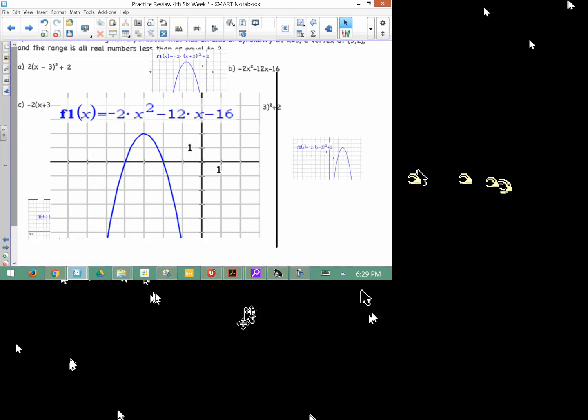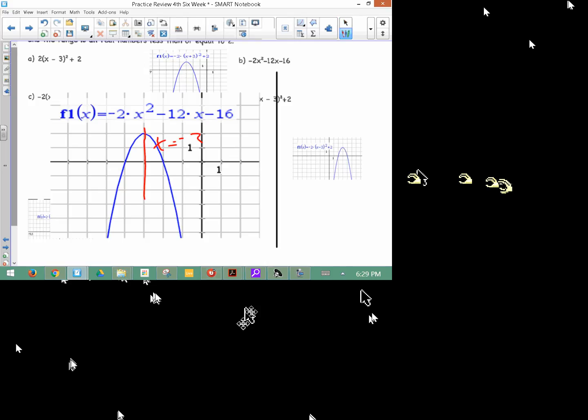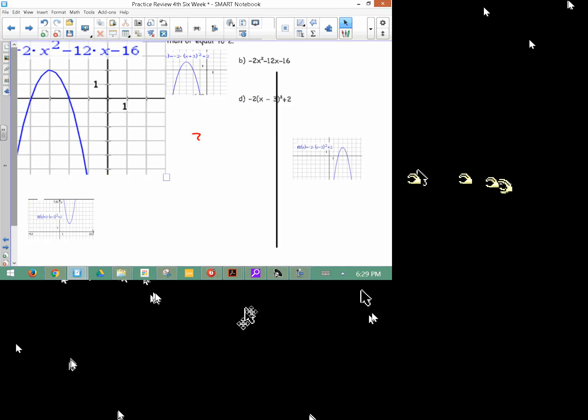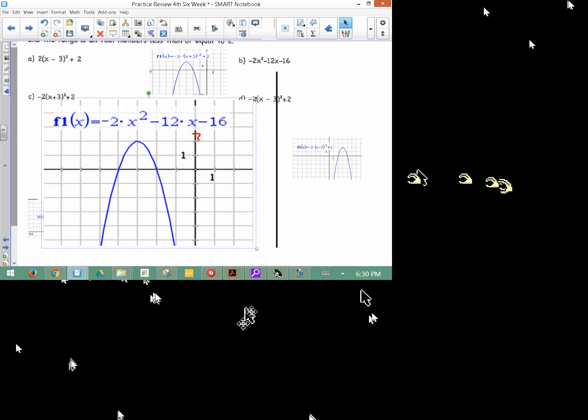It's got to have an axis of symmetry at x equals 3. Well, 3 is over here. So this axis of symmetry is x equals -3. So we already know that one doesn't work because it doesn't even have the right line of symmetry. So we'll take this one away as well.